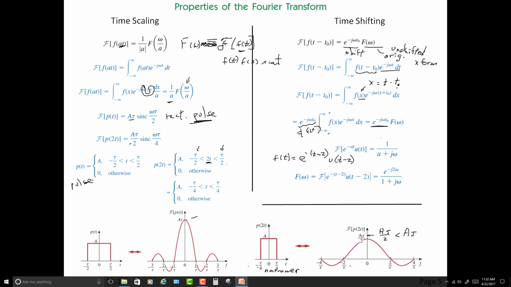Okay. And so I'm finding that by saying, well, here's my shifting operation. So the transform of all of this was f of t, right? And I go back and do the shifting of what I know. Well, here is the unshifted form, and now I'm going to shift, right? So what happened?